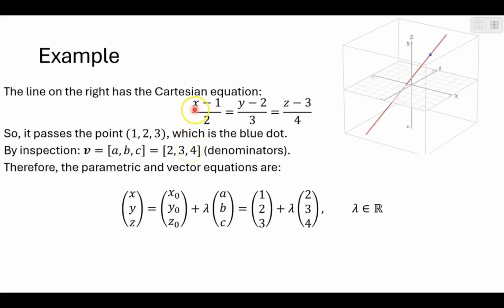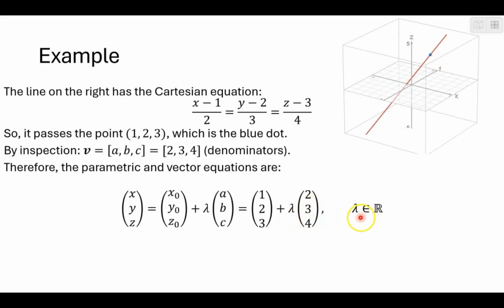And also, you can convert these Cartesian equations into parametric and vector equations. So if you remember the formula for a vector equation, this is the known point. In this case it is 1, 2, 3, given here, the blue dot. And the direction vector, a, b, c, in this case is 2, 3, 4, with a lambda in front.